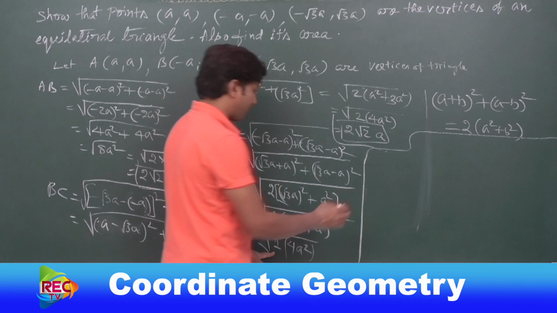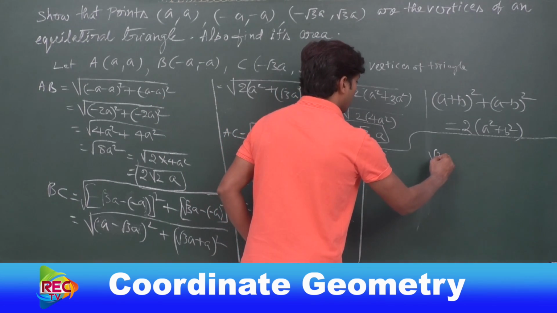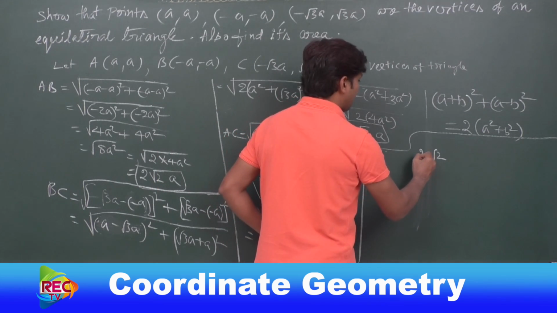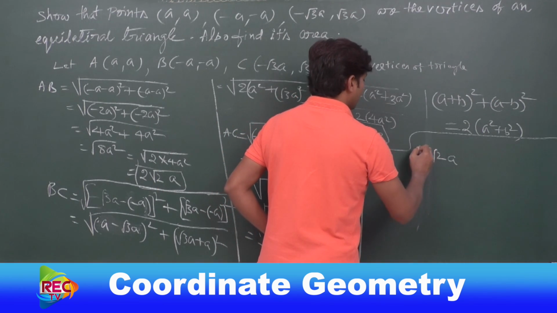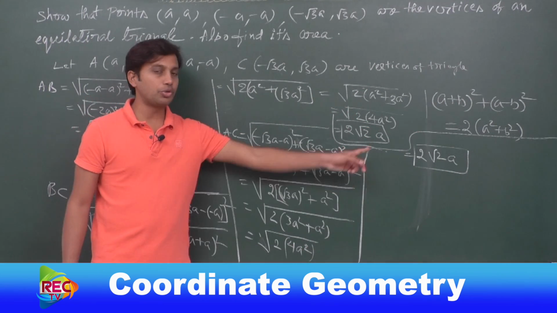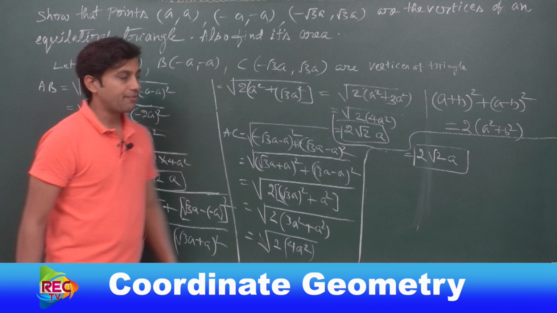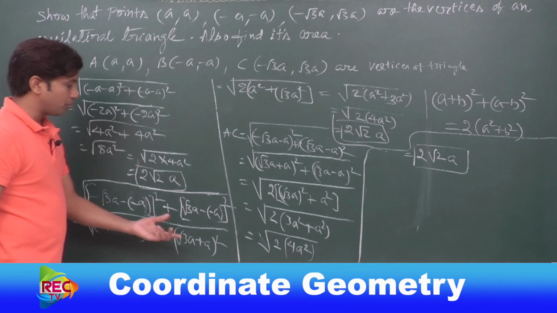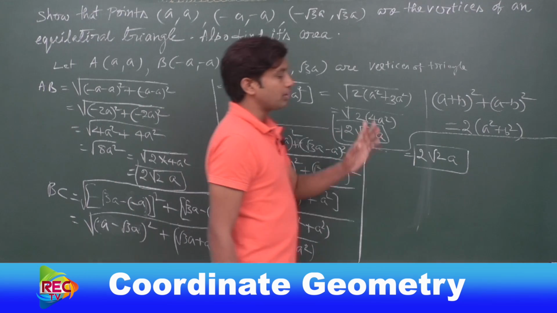What will be the value for this? The 2 is left inside, and as we took 4 outside, it will be 2, and this is a. So finally we obtained the value of AC also equal to 2√2a. So we obtained AB equal to 2√2a, BC equal to 2√2a, and AC also equal to 2√2a.